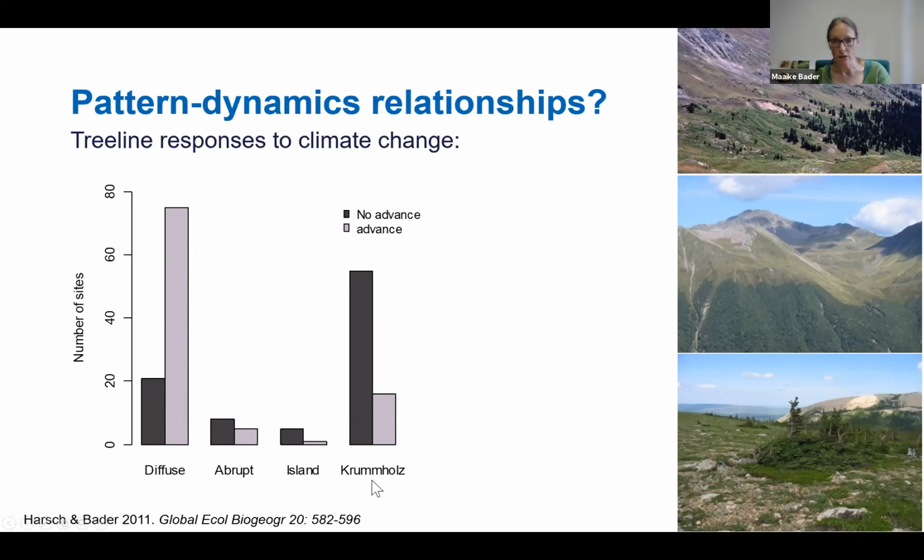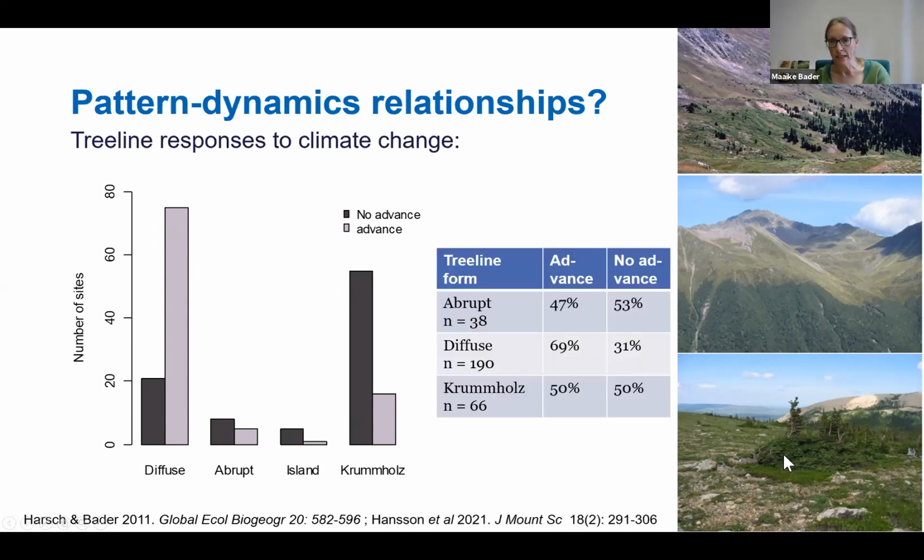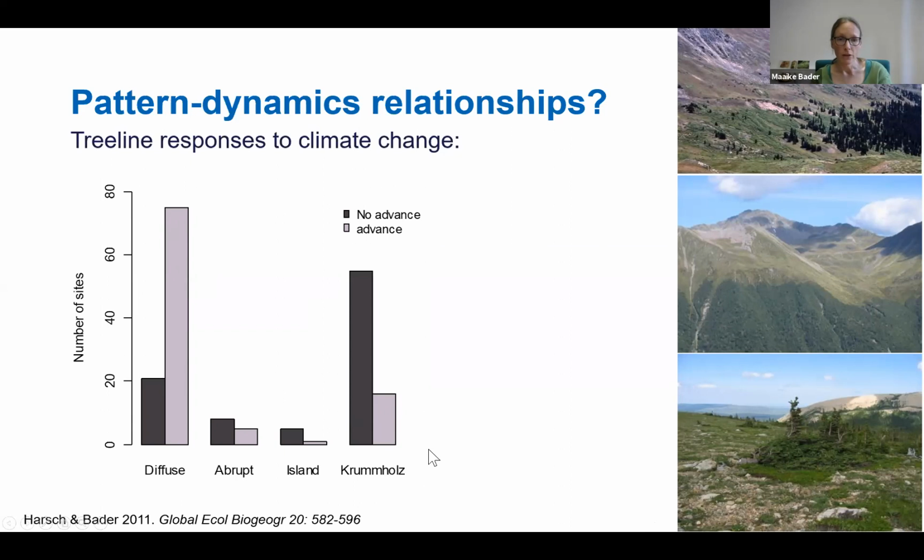Whereas Krumholtz tree lines, so tree lines characterized by trees getting really stunted towards the top, like this one at the bottom, tend to not have advanced very much. Also, the abrupt and the island tree lines had very few observations, so it's very hard to say something about that. But if you take these graphs just visually, you would suspect that the abrupt and island ones also tend to not advance rather than advance. So it's quite a big difference between these tree line types.